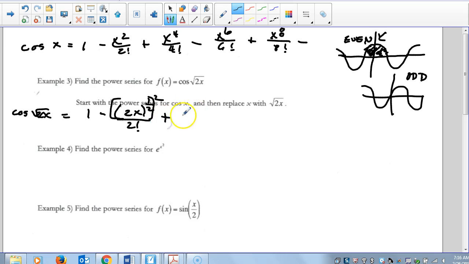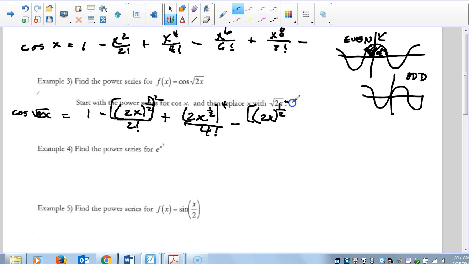So this is plus (2x)^(1/2) to the 4th, minus (2x), and this should be (2x)^(1/2) included, right?